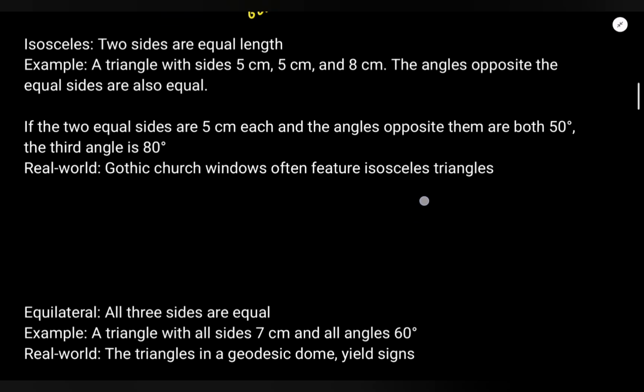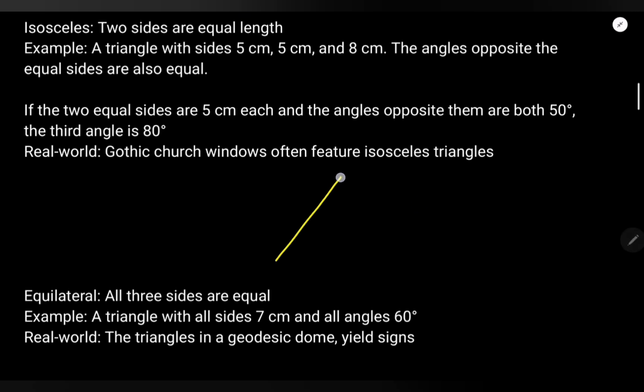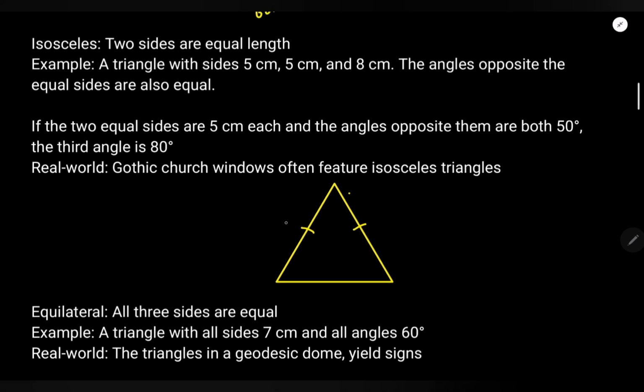After this we have this kind of triangle when two sides are equal, this and this are equal, though it is not looking equal. So this and this side are equal. Suppose this is 5 centimeters, this is 5 centimeters.